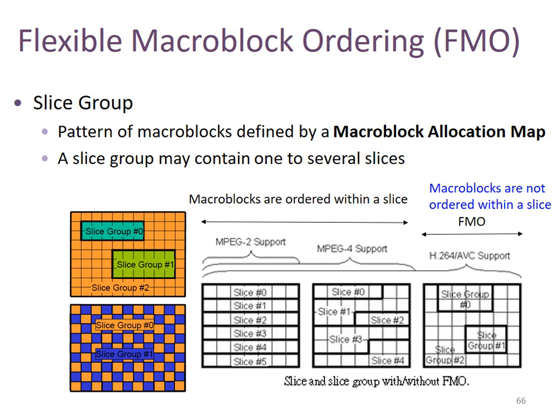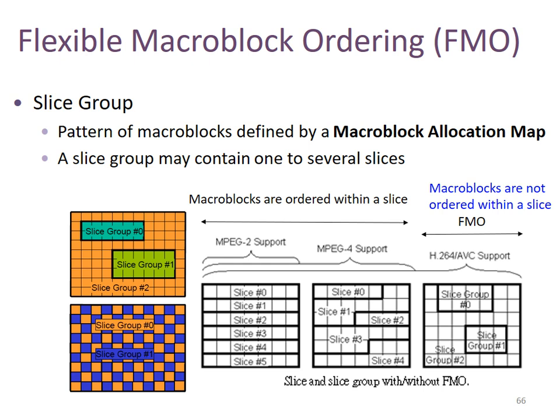So what is FMO? Previously, we have the order of macroblocks within the slice, for example 0, 1, 2, 3, 4, 5. This is a fixed order of macroblocks, not flexible ordering.